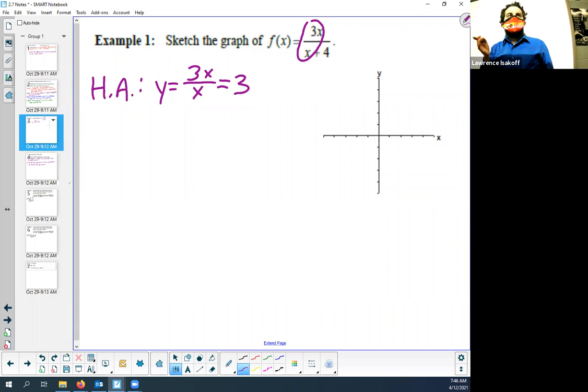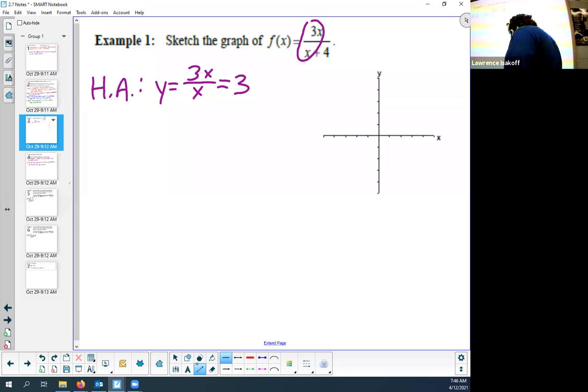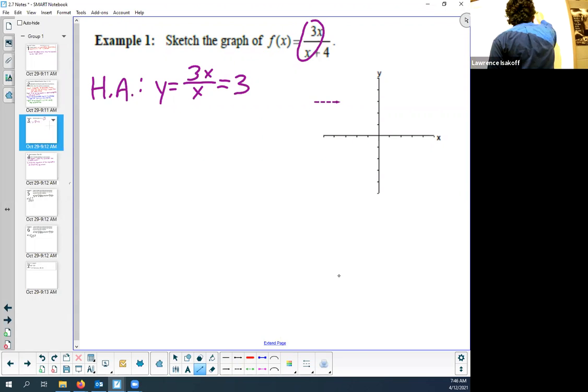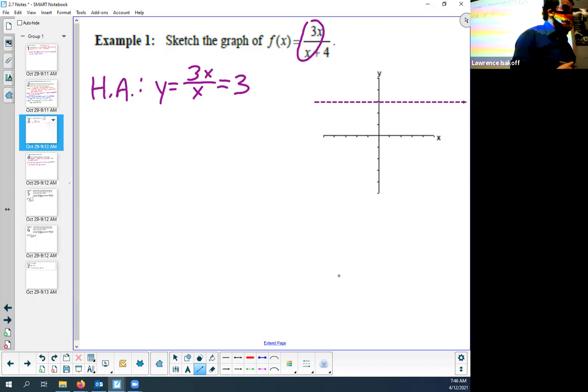When you're drawing your asymptotes, please make them dashed. I'll use my line tool and change the color to purple. So y equals 3, I have my dashed horizontal line.